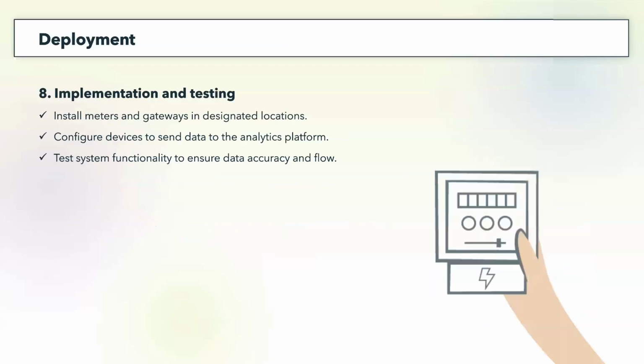Now, the deployment, right? So this is where we get to installing the meters and gateways where they need to go, configuring them to send data to the analytics platform. So that's EnergyCap SmartAnalytics, testing system functionality.